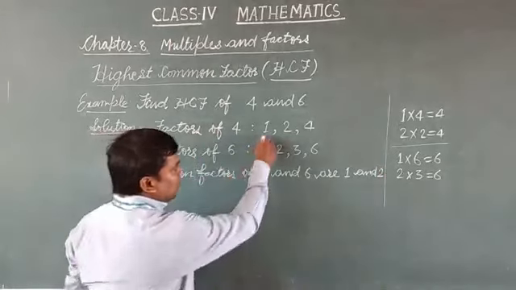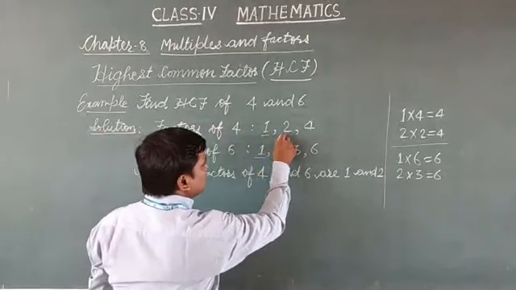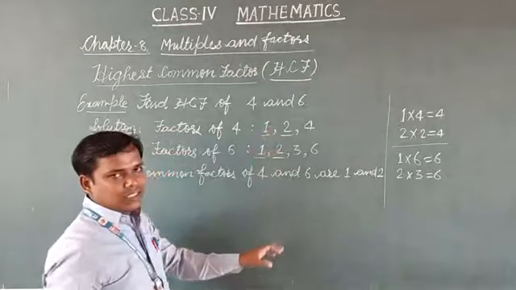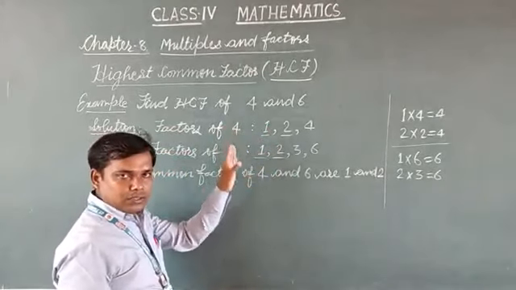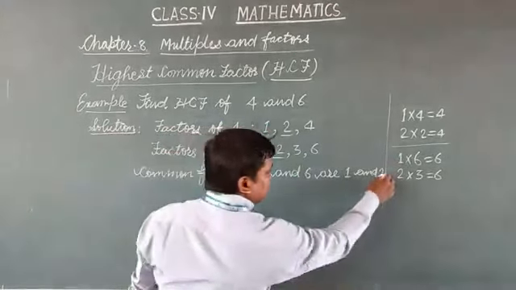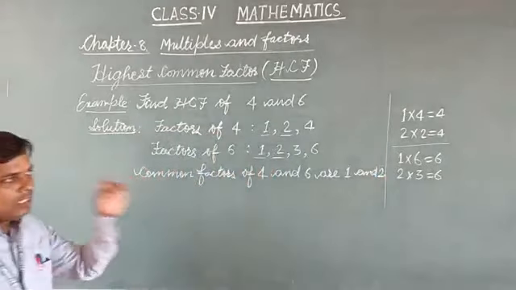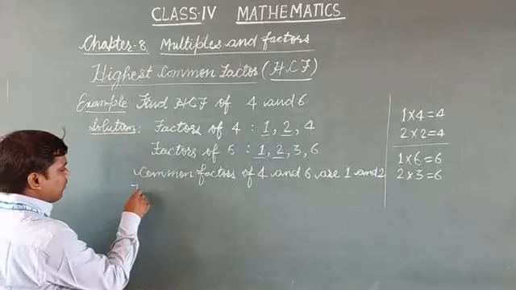You are seeing 1 is here, 1 is here, 2 is here, 2 is here. No other factor among these two is common. So 1 and 2 are common.